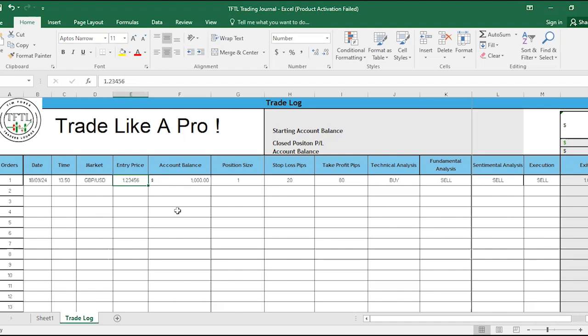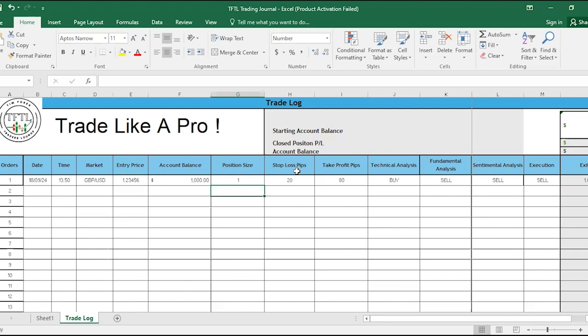1.23456, and that is when we took the trade. Our account balance when we took the trade was, let's say, $1,000. The position size that we used to take the trade, let's say for instance we used 0.10. Let's even use one. Then what's the stop loss in terms of pips?